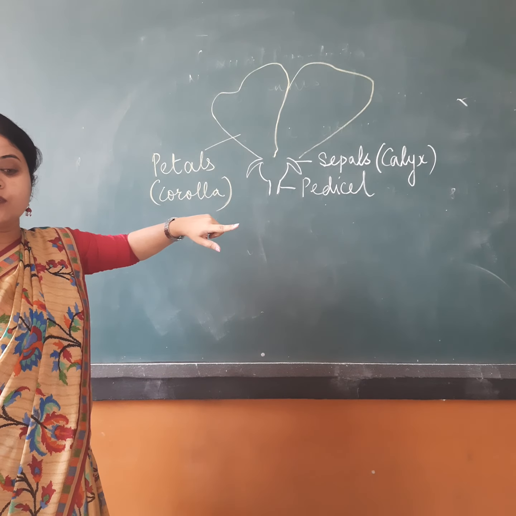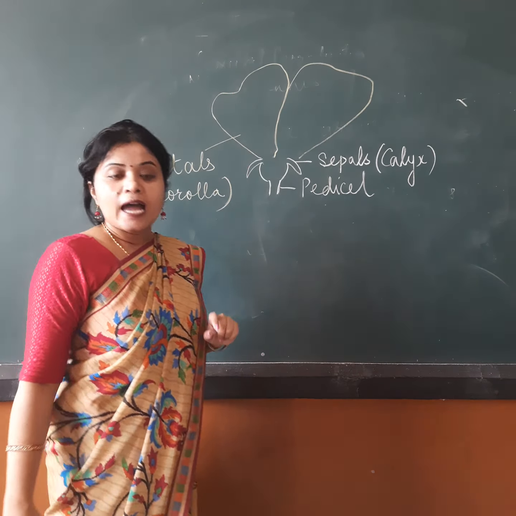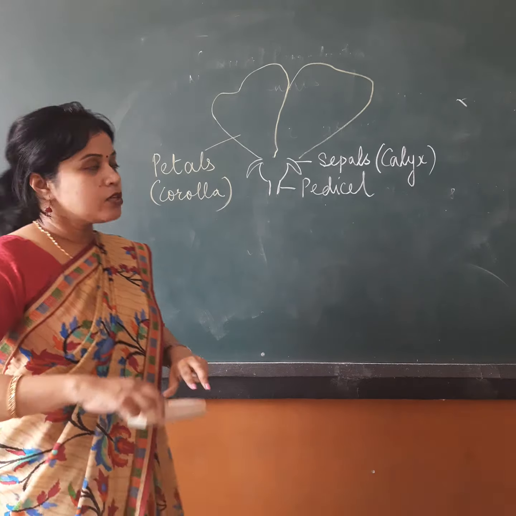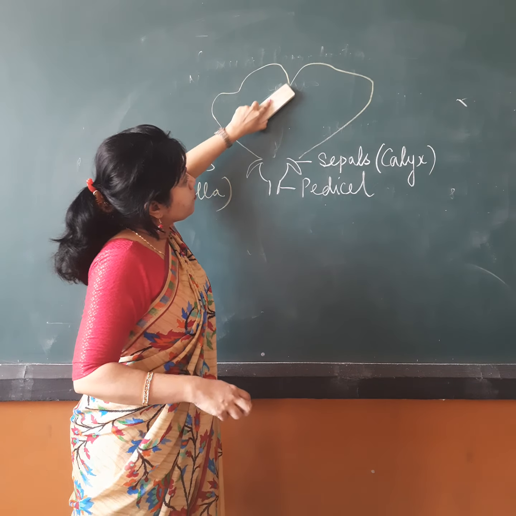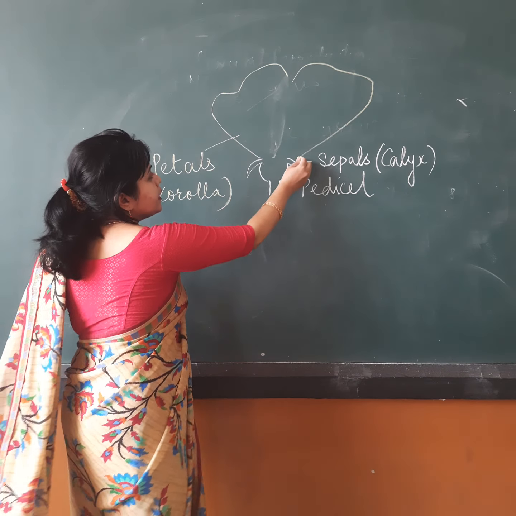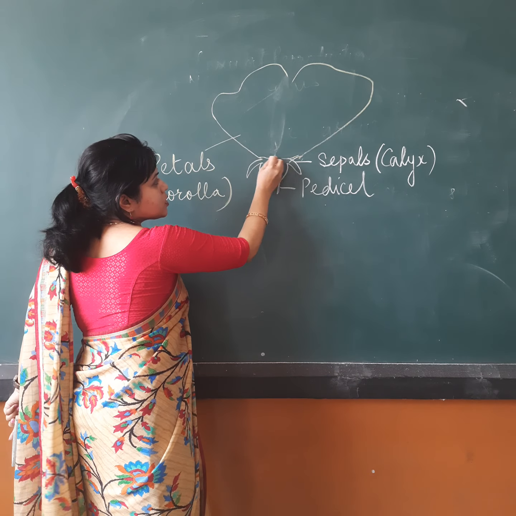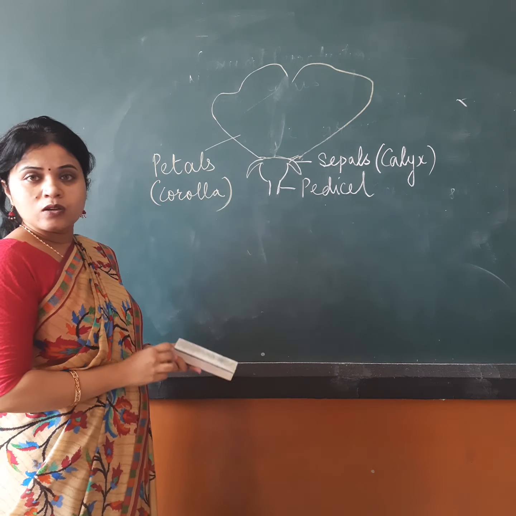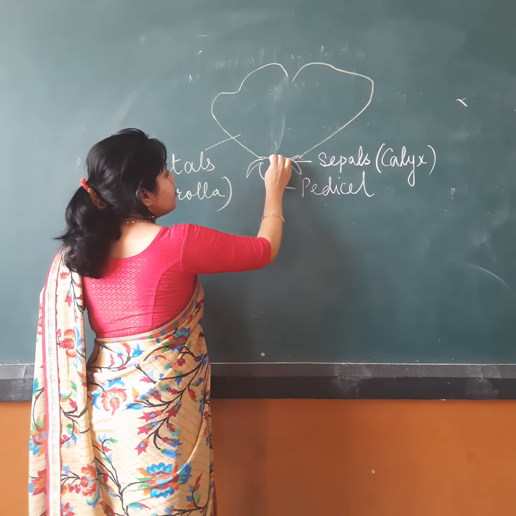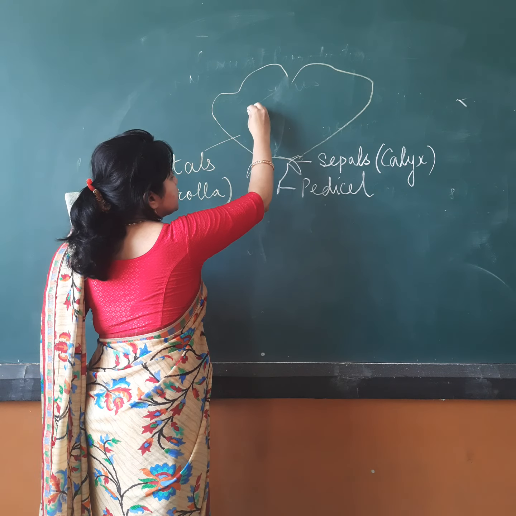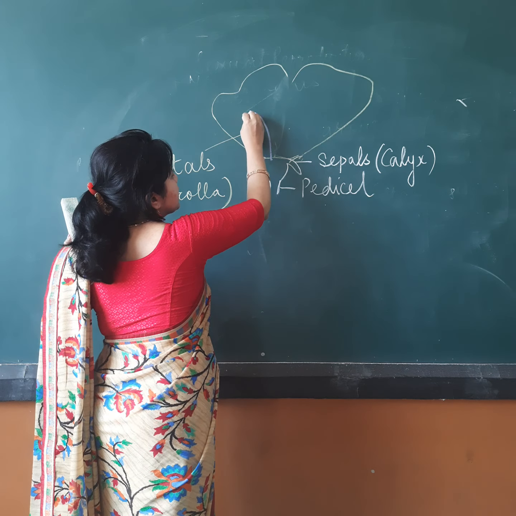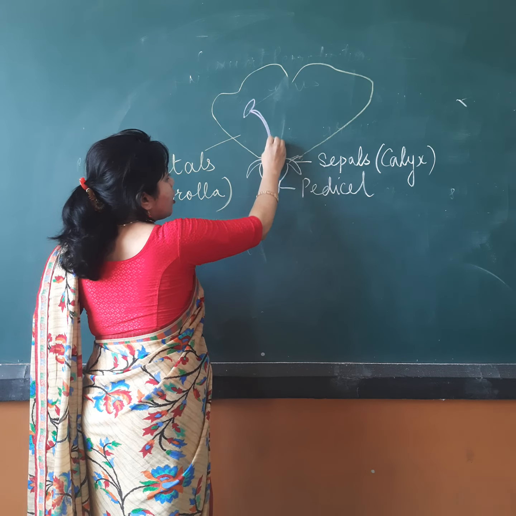Another essential part of the flower, that is the androecium. Now what is the androecium, children? If I draw the androecium, I will find that these all structures are resting on the base, and from here certain structures like this are emerging out.